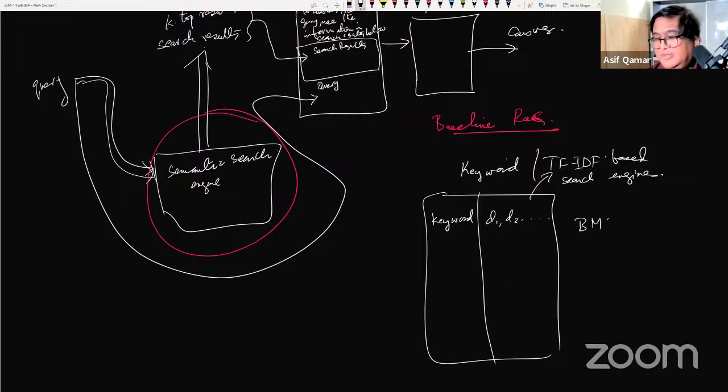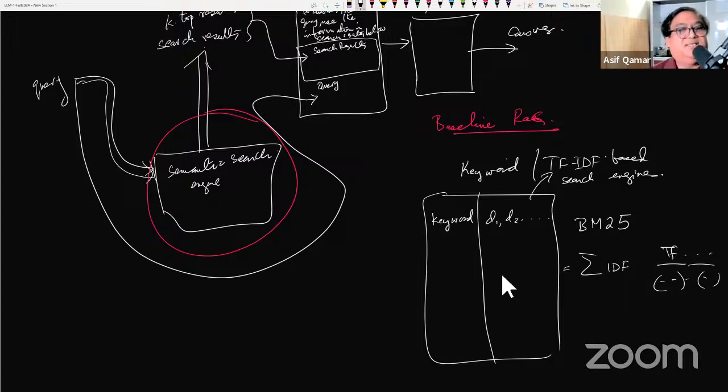There's an algorithm which has been the workhorse of the search industry called BM25. I leave studying the BM25 formula to you. It is a celebrated formula involving IDF, term frequency, and some additional things. I won't go into that because we can spend an hour or so just explaining it.